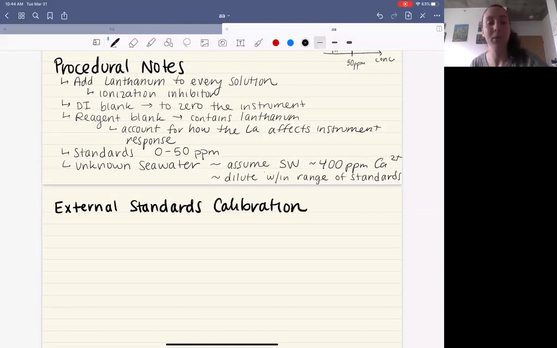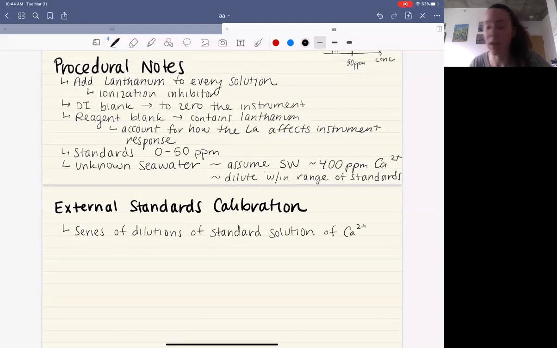You are probably familiar with this. You have probably done this in a general chemistry lab, but the idea is that you make a series of dilutions of a standard solution, in this case, of calcium 2+.